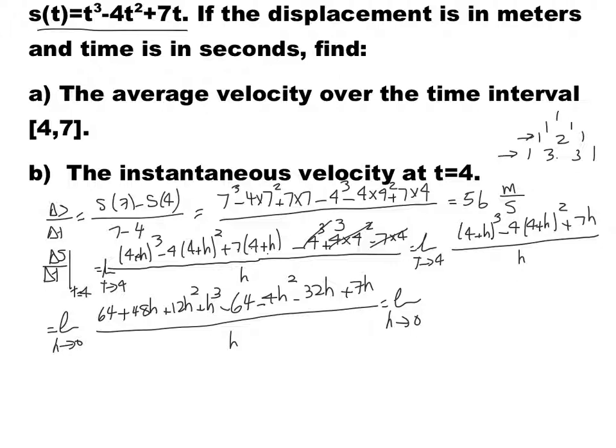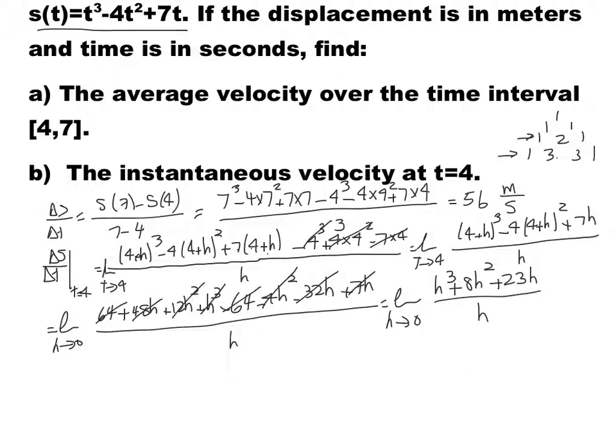If we simplify this one, we have only 1 h cubed. Then we have 12h squared, negative 4h squared, so it gives us 8h squared. 64 and negative 64 cancel each other out, so 48h minus 32h gives us 16h, plus 7h is 23h, divided by h.